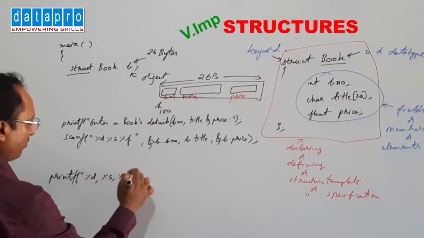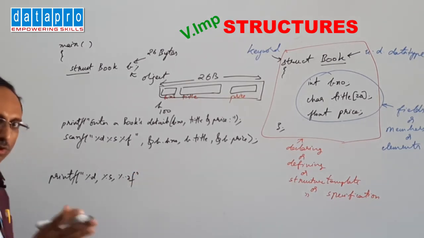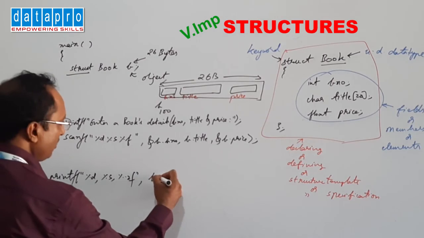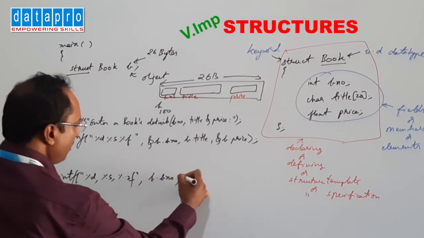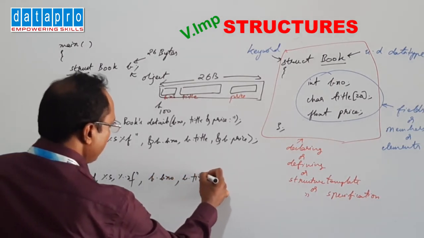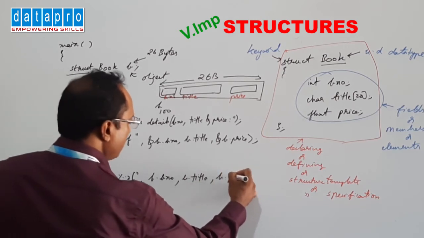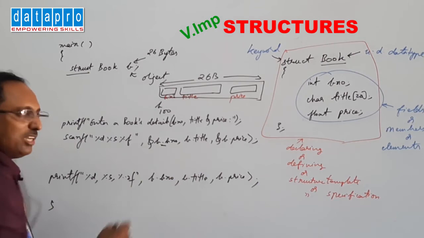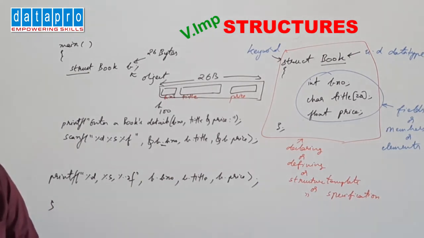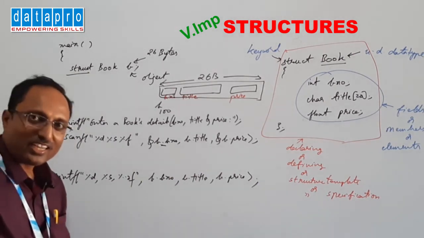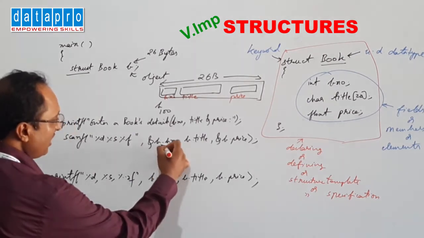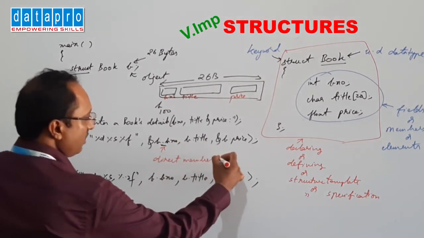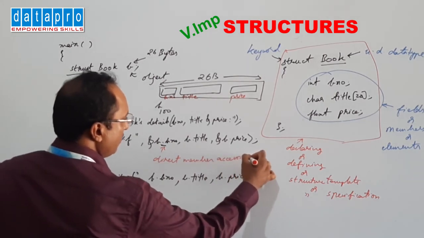Let's say dot 2 f, so that it prints only 2 digits after the decimal point. Then just remove the ampersand, that you already know. b dot book number, b dot title, b dot price. That's it. Here dot is an operator which is known as the direct member accessing operator.